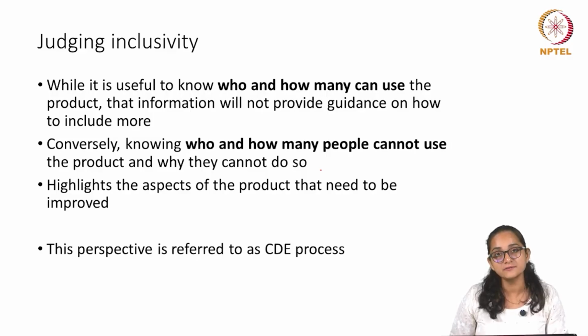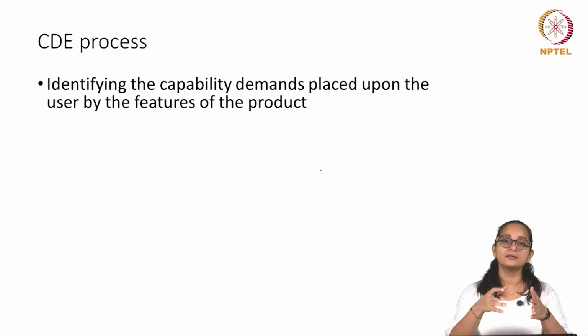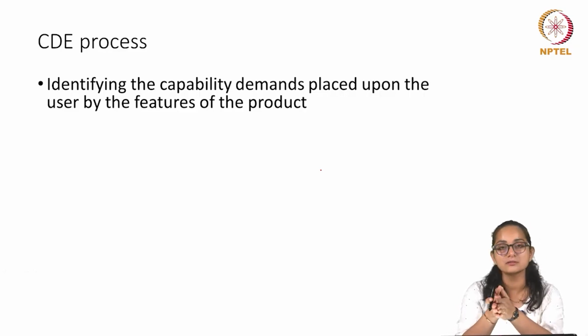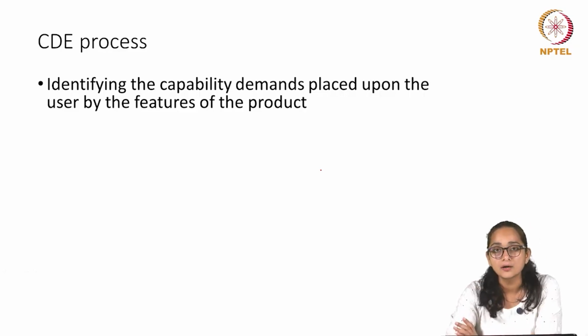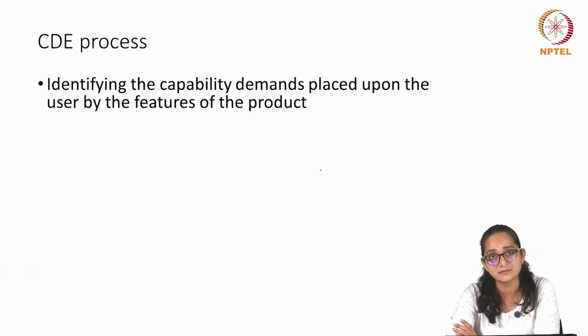So this perspective is referred to as a CDE process. So it's like countering design exclusions. So what does it say? It says identifying the capability demands placed upon the user by the features of the product. So what we are trying to assess is, I think in one of the previous sessions around week 1 or 2, we discussed something called an ability bias, right?